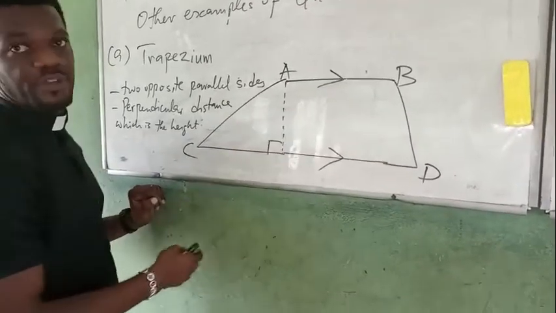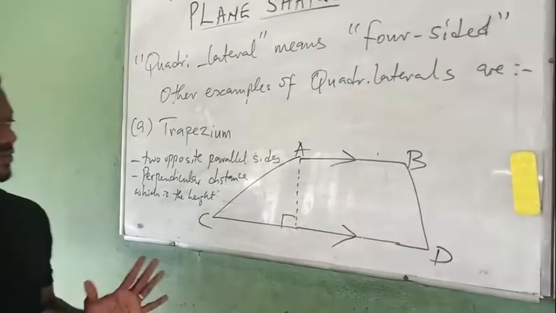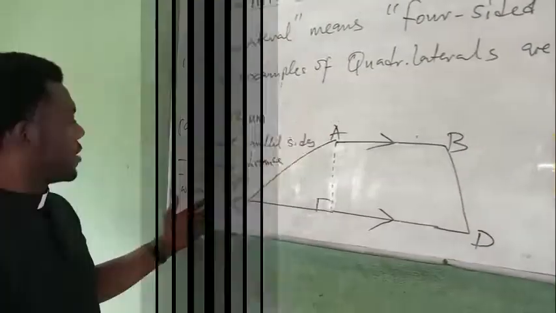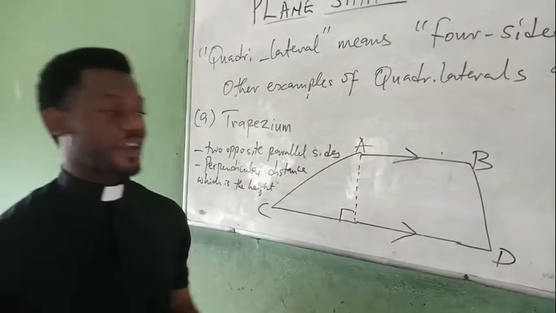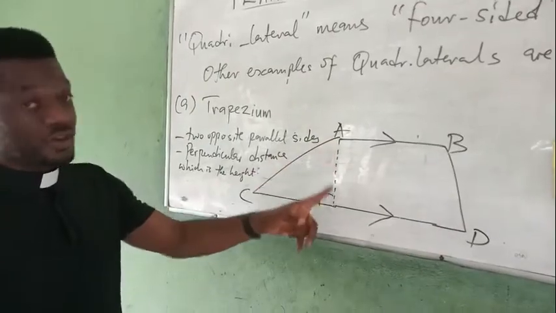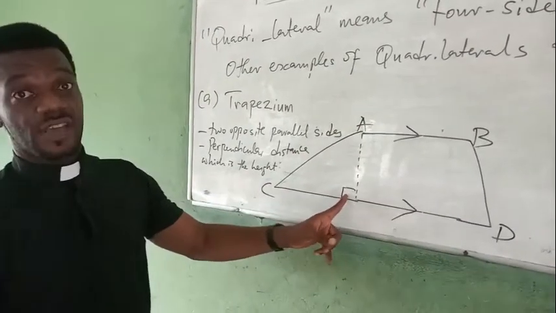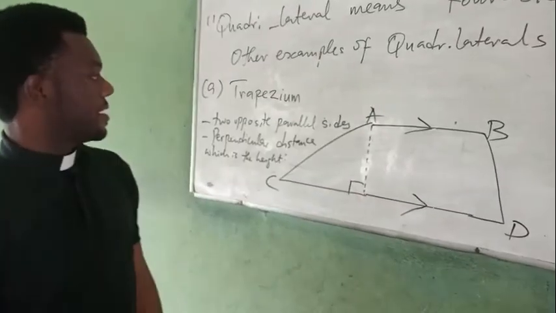Once you see something like this, it is a trapezium. This is the perpendicular height, the perpendicular side with a right angle, and so this is a trapezoid.